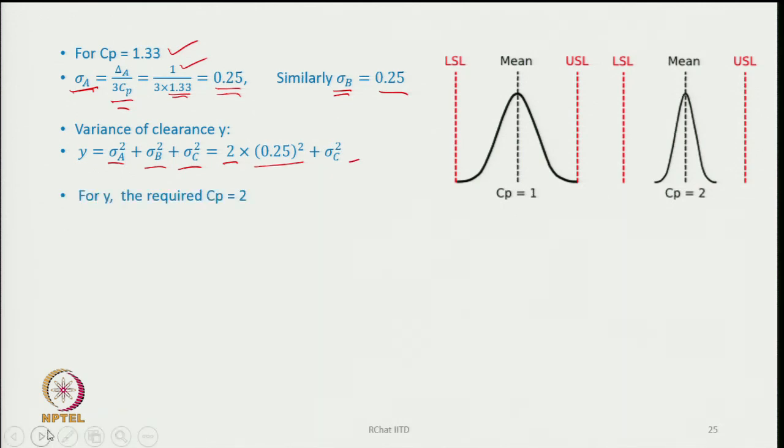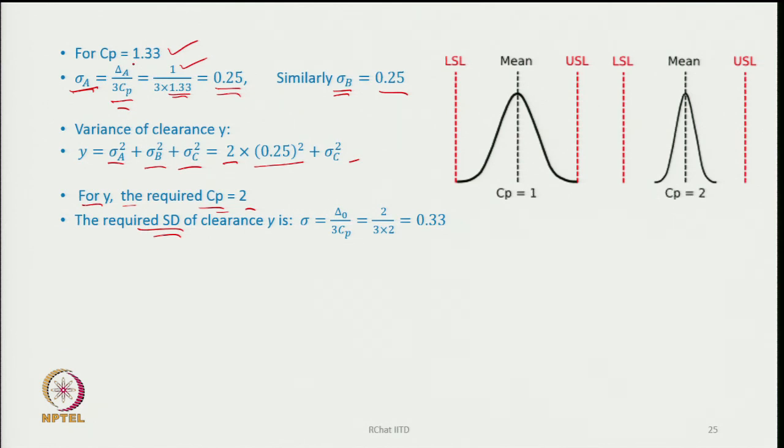What is the standard deviation for the dimension of the packet, which is still unknown to us, but for y the required Cp has to be 2. If it is 2, then what will the standard deviation required of that process be?